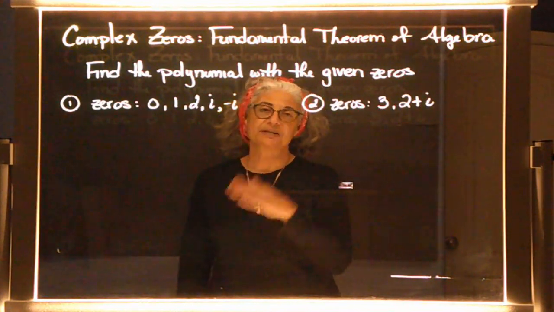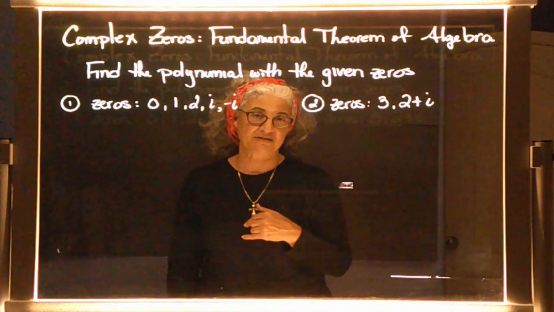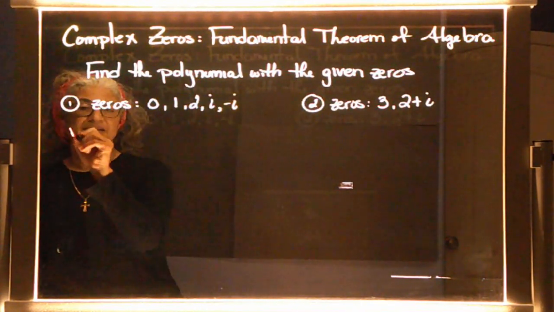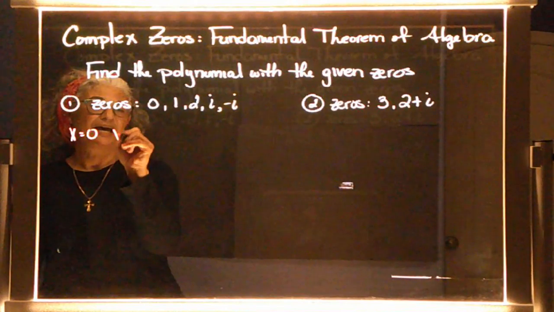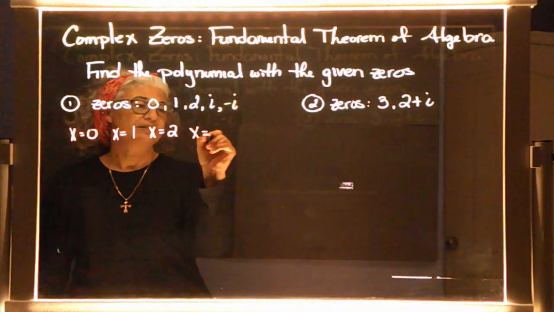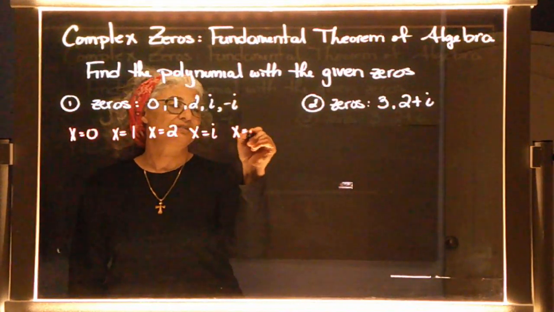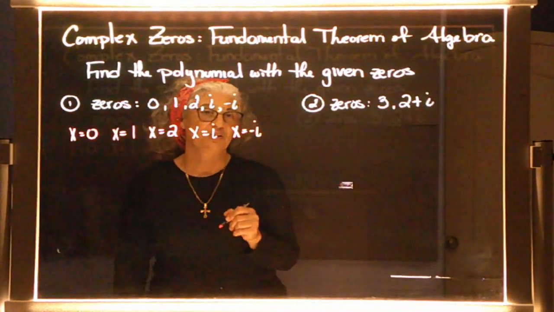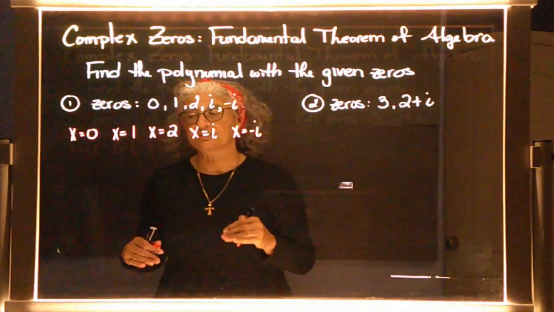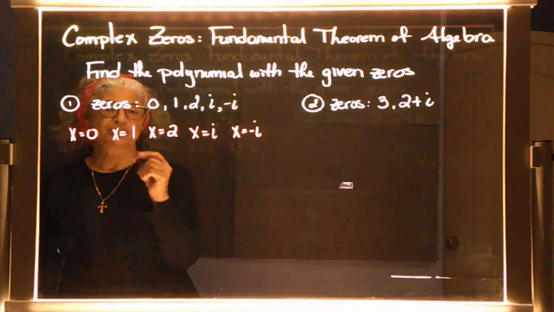Now, this problem becomes something like we did in the previous lecture. These are all our zeros, which means x is going to be equal to 0, and it's going to be equal to 1, as well as 2, it's equal to i, and it's equal to negative i, isn't it? Okay, so remember what we did, right? We're working backwards. x equals 0, there's not much I can do with it.